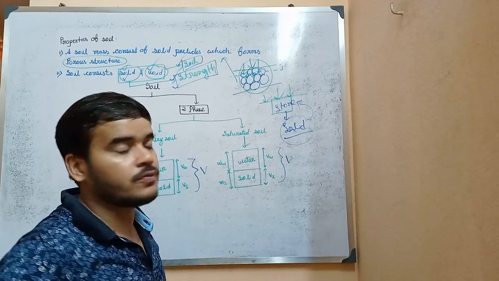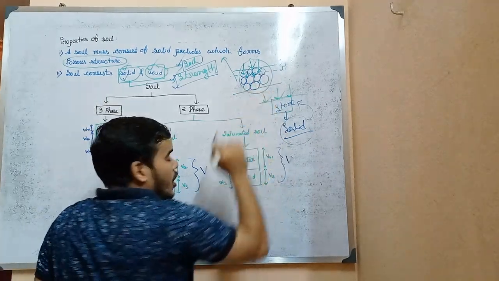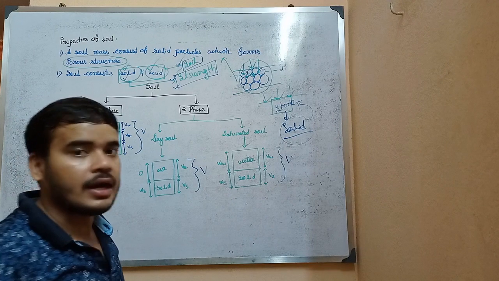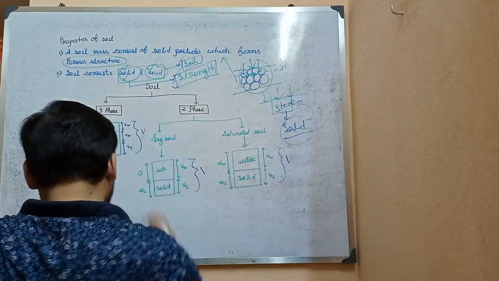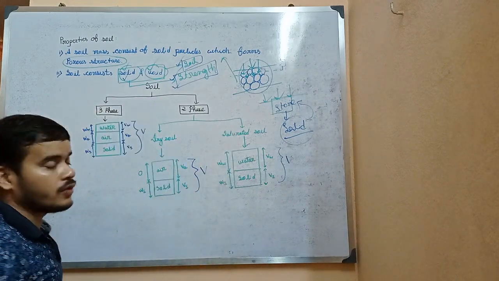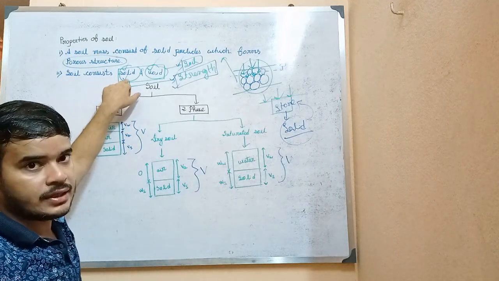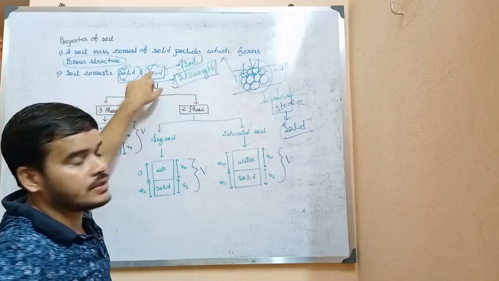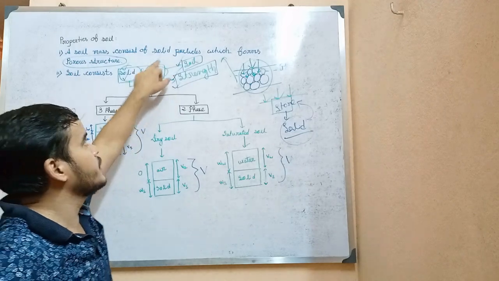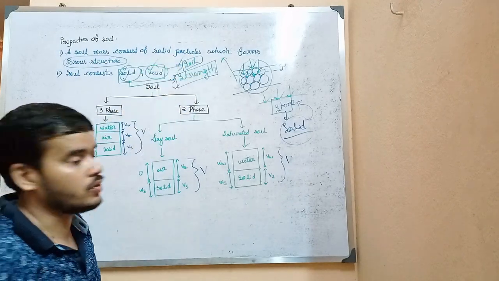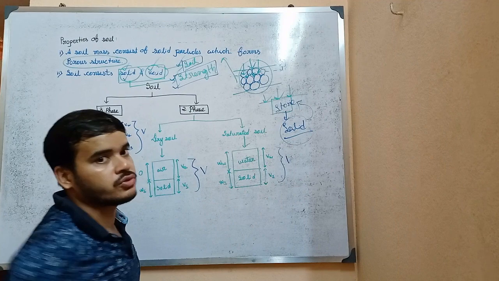It depends upon how much void the soil has. And second point, soil consists of solid and void. What is the function of solid? It gives strength. And what is the function of void? It makes it a soil structure, not a stone structure or solid structure.